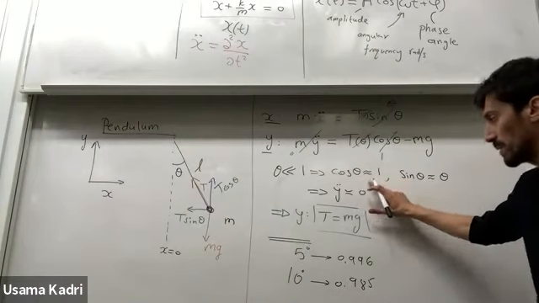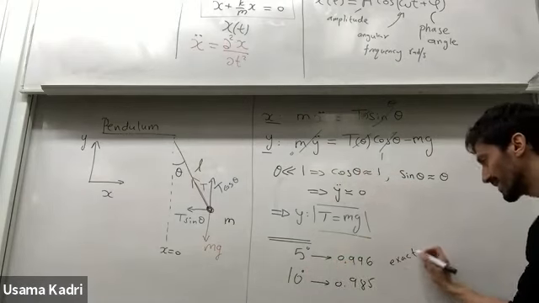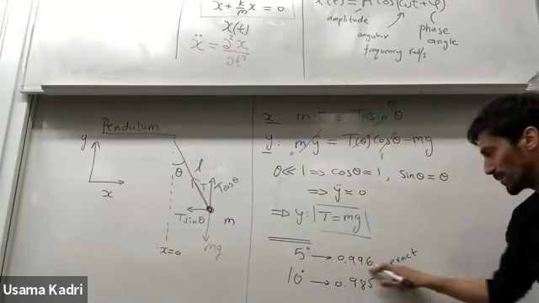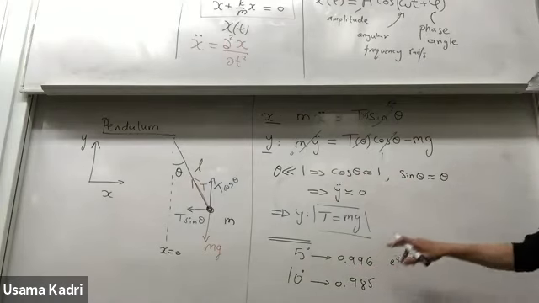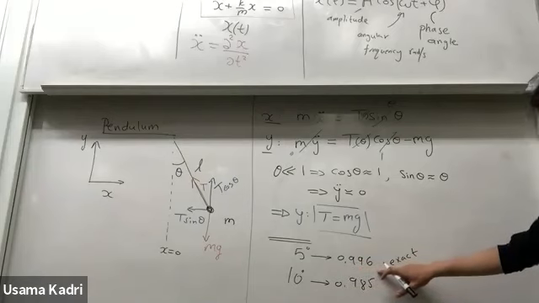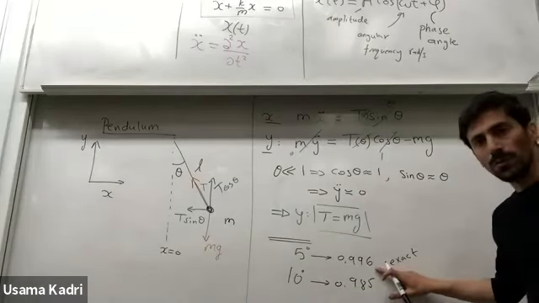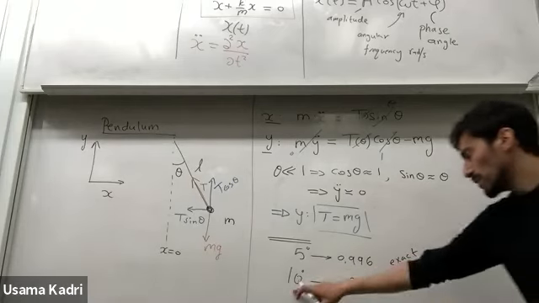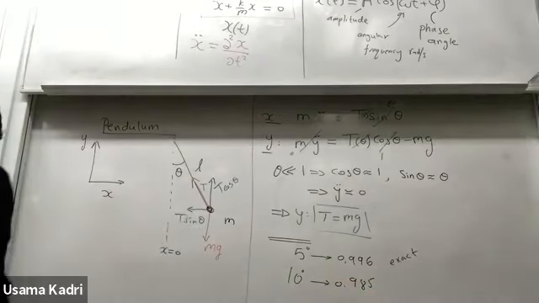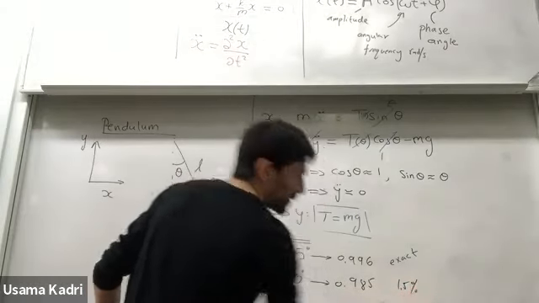This is our assumption. But if you take the exact cosine theta, well, not very exact, but up to 3 significant digits, this would be the exact, and this would be compared to 1. It's very small, right? Even when you take 10 degrees, you see that the difference is 1.5%.